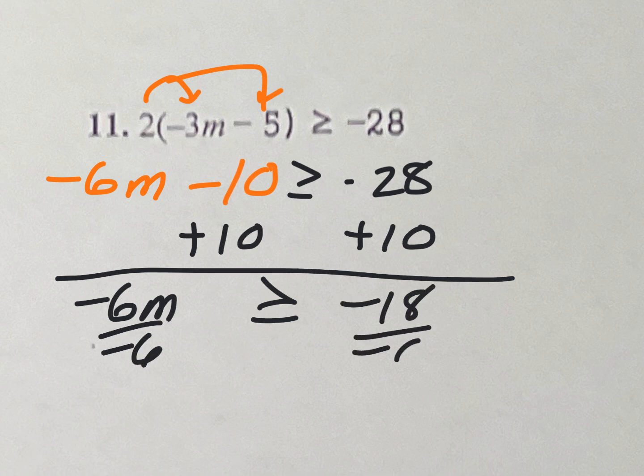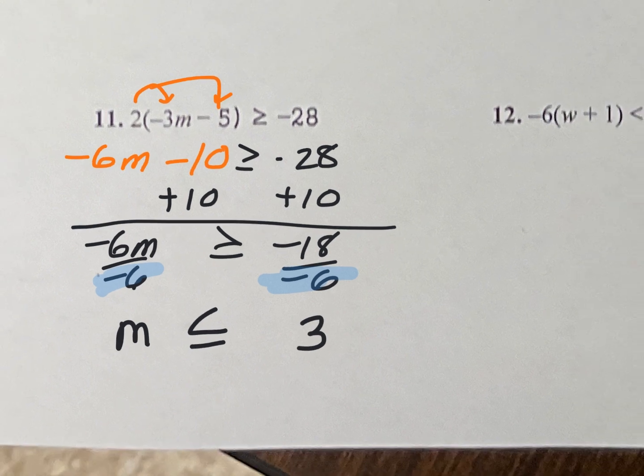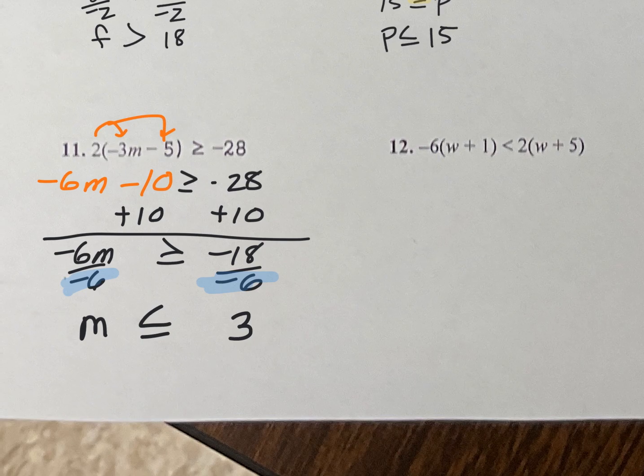And finally, divide both sides by negative 6 so that m, and you've got a negative divided by a negative is a positive. And because I had to divide by a negative number, I need to flip that inequality symbol around. So it should be a less than or equal to instead of a greater than or equal to. It didn't ask us to graph or anything for this one.